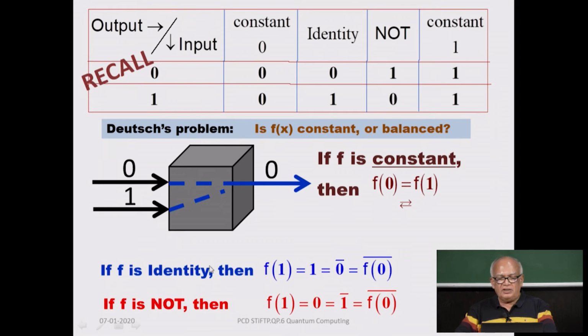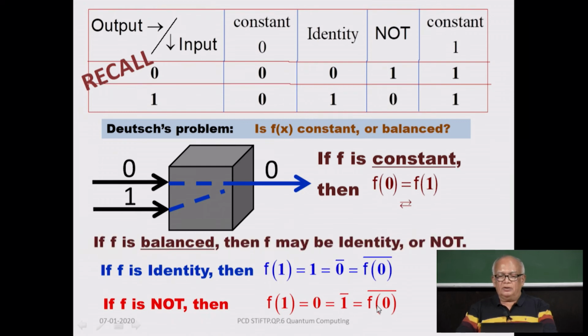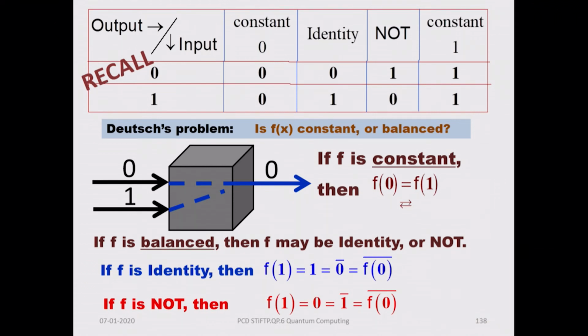And if f is not, then you have this result, then f of 1 is equal to 0, which is the opposite of 1, which will be the opposite of f0, right. So, if f is balanced, then f may be either identity or not, and we have analyzed these 2 cases. If f is constant, of course, then f0 is equal to f1.